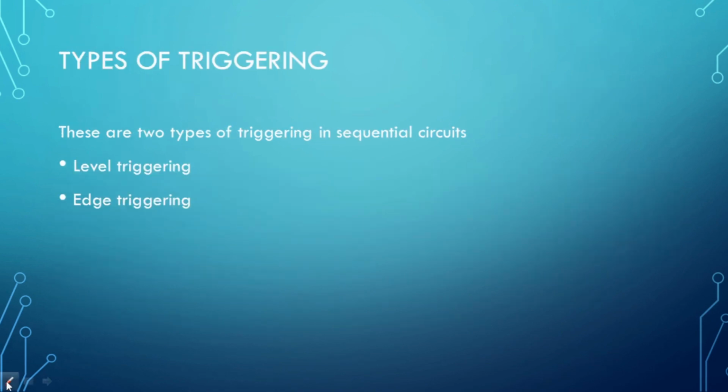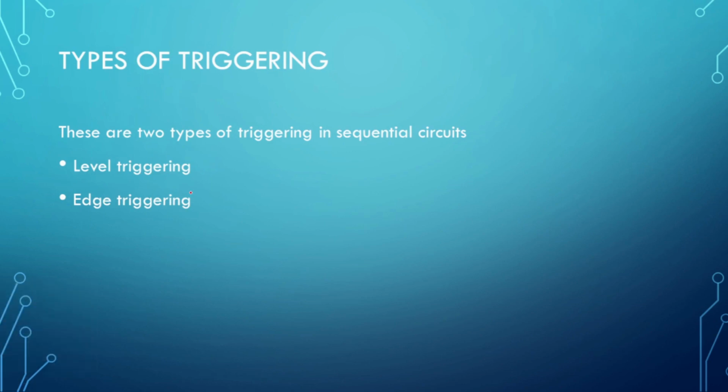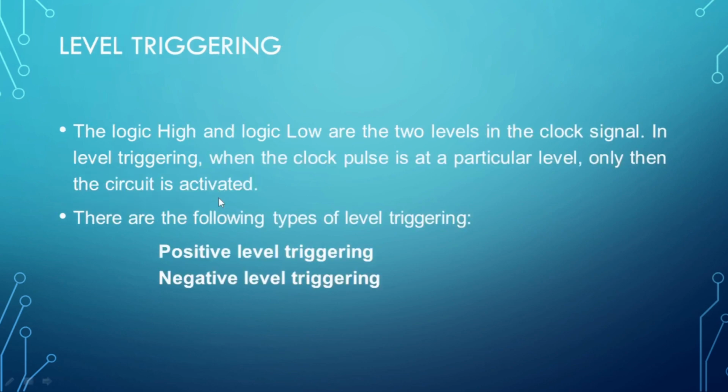Types of triggering. Usually the clock triggering is classified into two in a sequential circuit. One is level triggering and another one is edge triggering. What is meant by level triggering? In level triggering, there are usually two: one is positive level triggering and another one is negative level triggering.